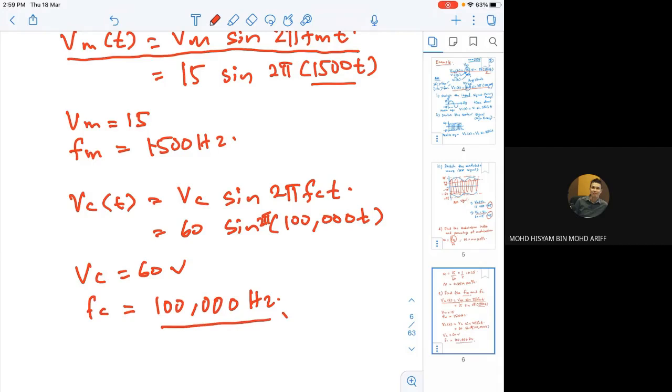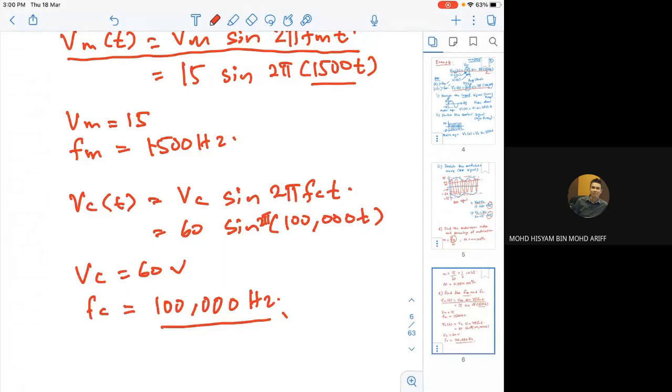Don't worry, I will give it back in the nice form. This is something before we start, to tell you that even without any slide, we managed to solve it. We already found Fm and Fc.